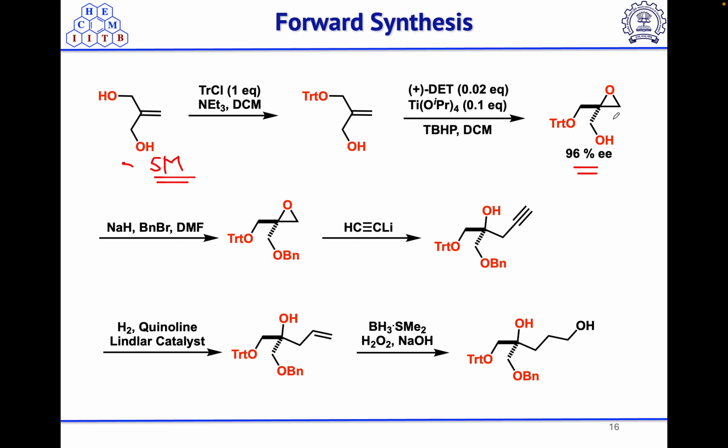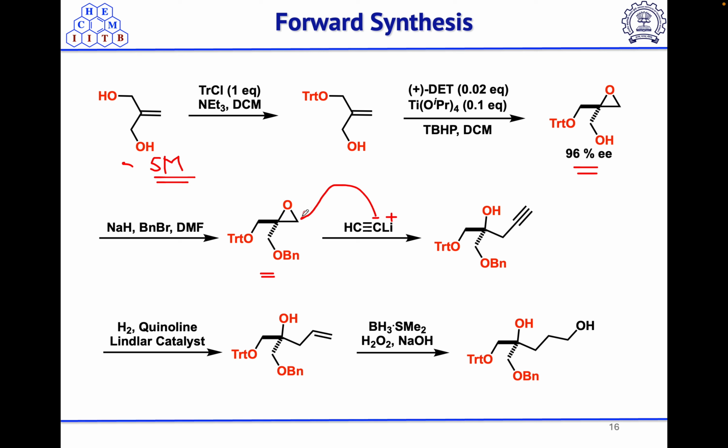After getting this epoxide, the other alcohol will be protected with benzyl, so we'll get this OBn. Now we have to open this epoxide using this acetylide, C minus and Li plus. So this is acetylide mediated epoxide ring opening.